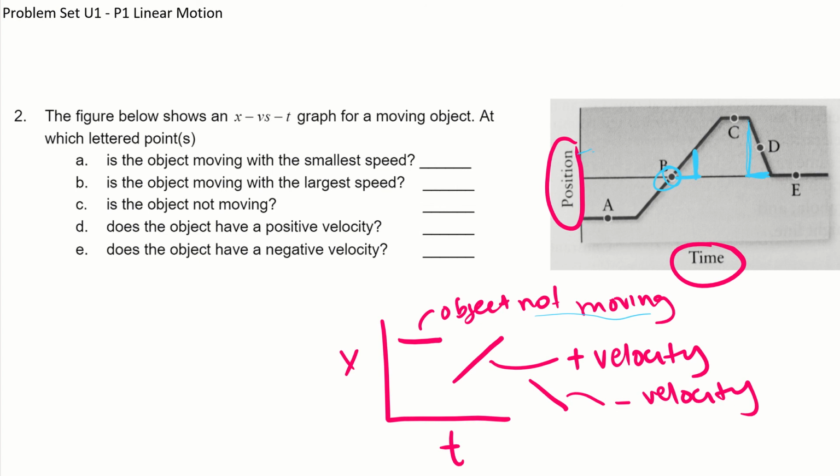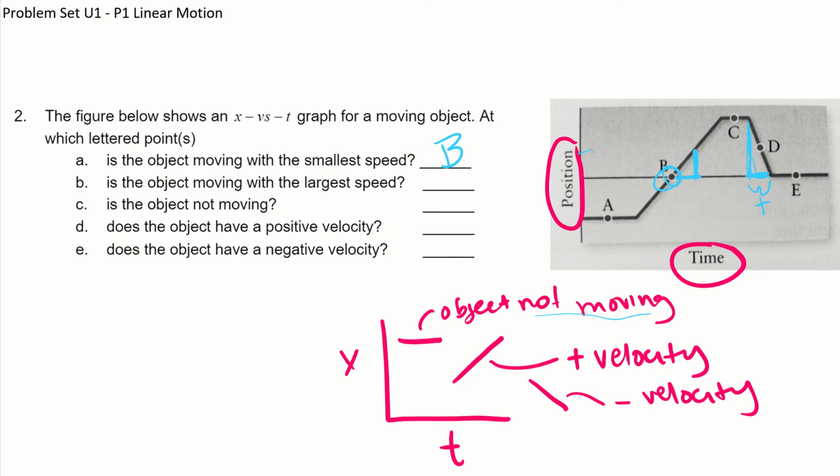It's not labeled on the y-axis, so we just kind of have to look at it. There's no numbers really that go with this, but you can see that per unit time, t, the object is changing position more over here at D than it is at B. So if we're looking for the smallest speed, that's going to be B.